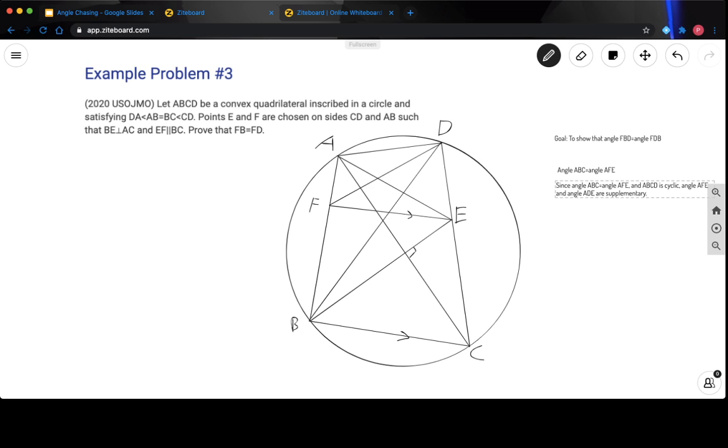And since we know that these are supplementary, from our conditions for proving a quadrilateral is cyclic, we know that ADEF is cyclic as well. And this is nice.